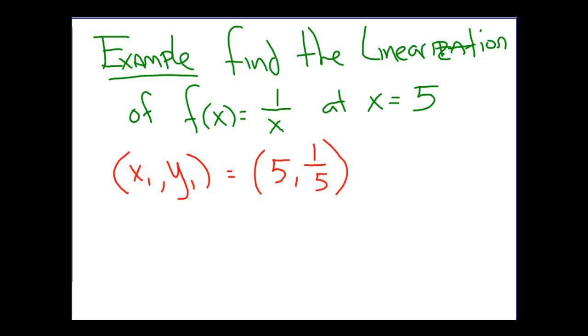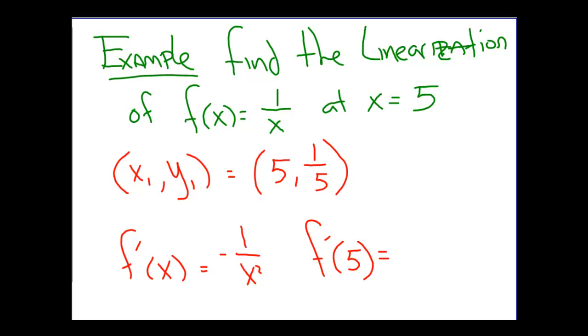Then we want to figure out what the derivative is, so we know what the slope of our linearization will be. The derivative of 1 over x is minus 1 over x squared. So the derivative when x is 5 will be minus 1 over 25. Okay, minus 1 over 25.